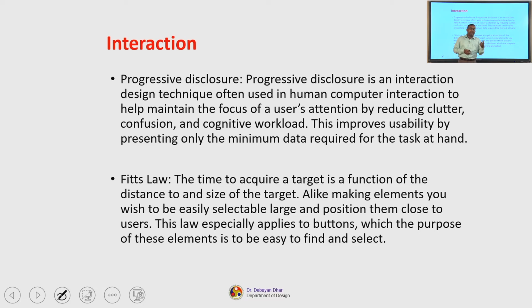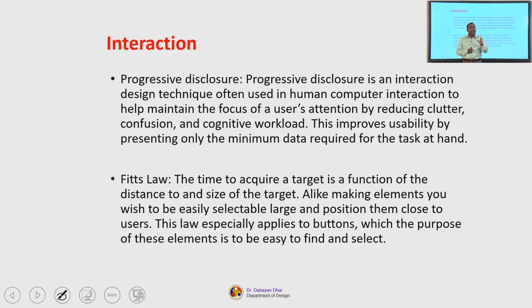The next one that we will discuss is Hick's Law. Now, Hick's Law has a profound effect on the way interfaces have been designed. It says that the time to acquire a target is a function of the distance to and size of the target.